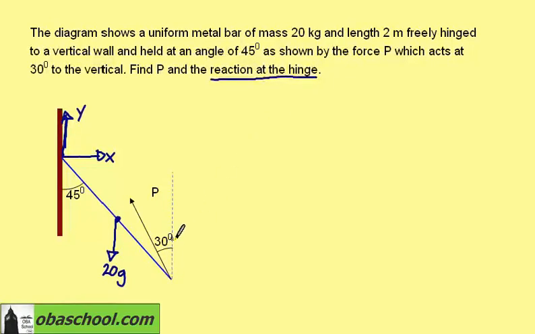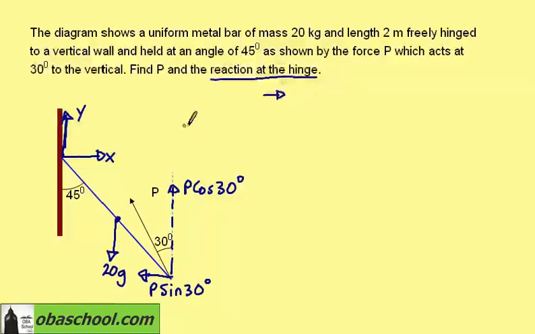Since X and Y are horizontal and vertical, it would make sense to resolve P into vertical and horizontal directions. So in this direction, we're going to get P cos 30. Note this is next to the angle. And in this direction, we'll get P times sine 30. Remember, we now know the value of P. Let's look at the horizontal.